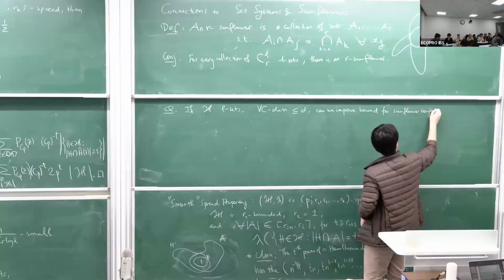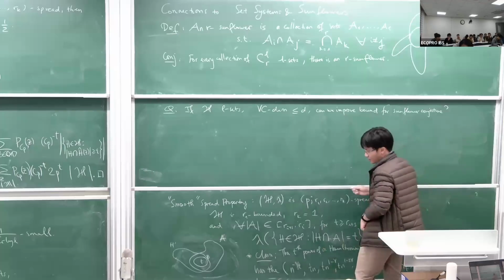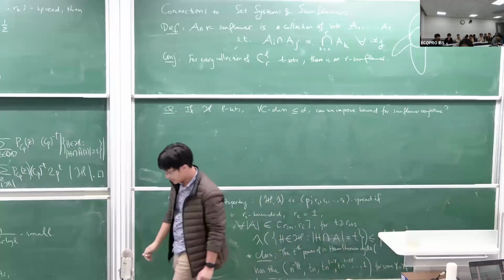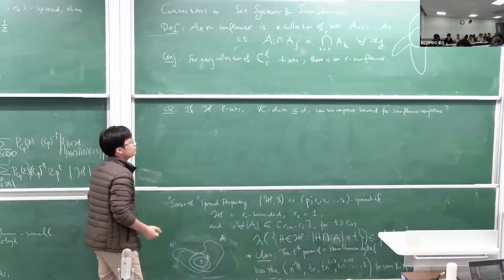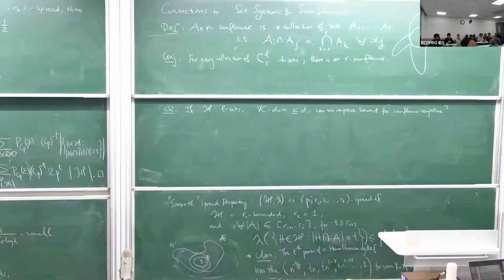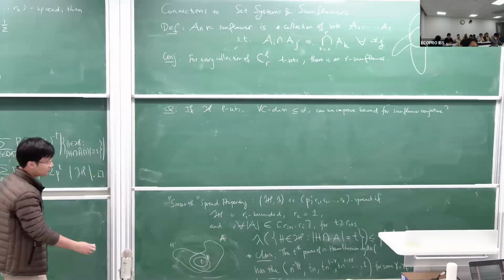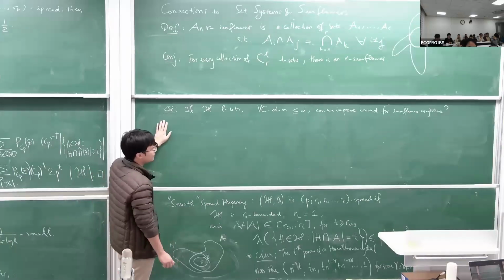And one of the motivating observations for this is that if the sunflower conjecture is false, then whatever example witnesses that it is false, you can actually use it to construct a counterexample to the sunflower conjecture that has bounded VC dimension. So maybe it is good first to figure out if the sunflower conjecture holds over set systems with bounded VC dimension.